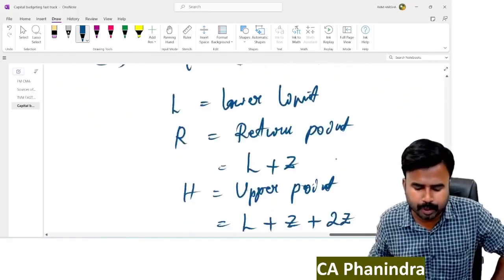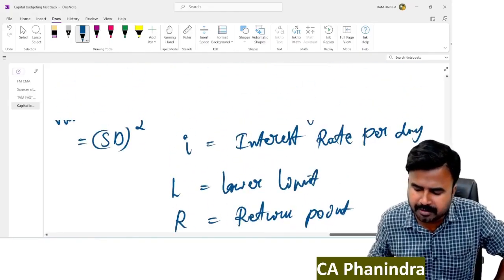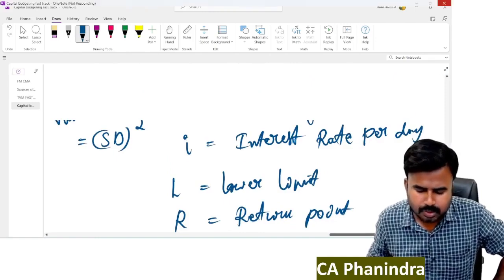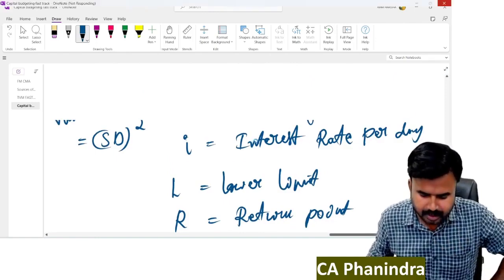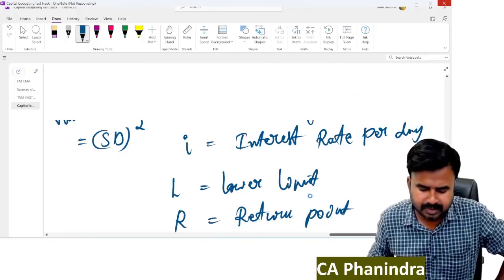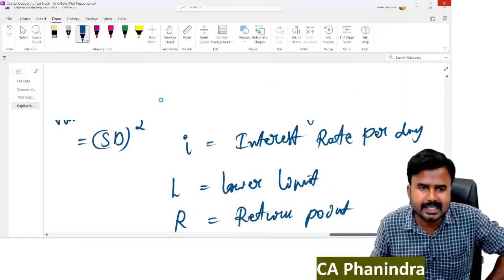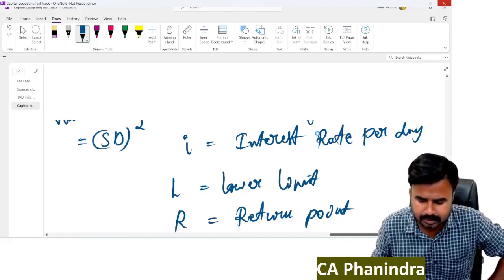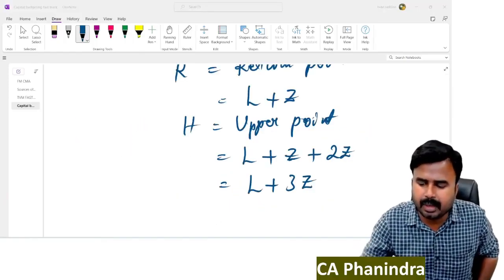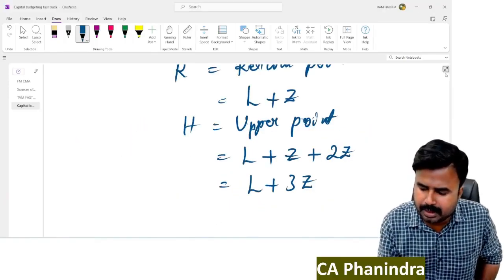This is my upper point. You must remember these three formulas. What are the formulas? L is equal to lower limit. R is equal to return point. H is equal to upper limit or upper point. The formula is very simple.